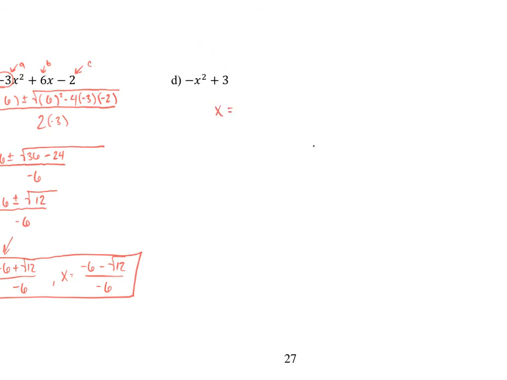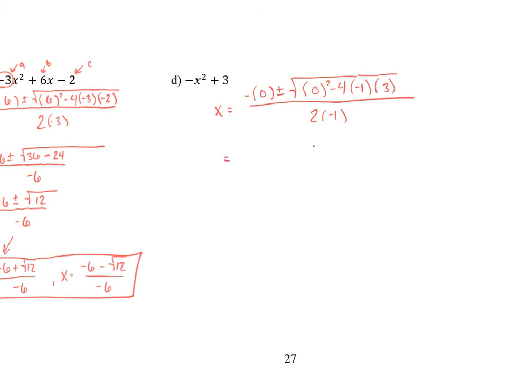So x is equal to negative b plus or minus the square root of b squared minus 4 times a times c all over 2a. Let's fill in those values. X is equal to negative b plus or minus the square root of b squared minus 4 times a times c all over 2a.